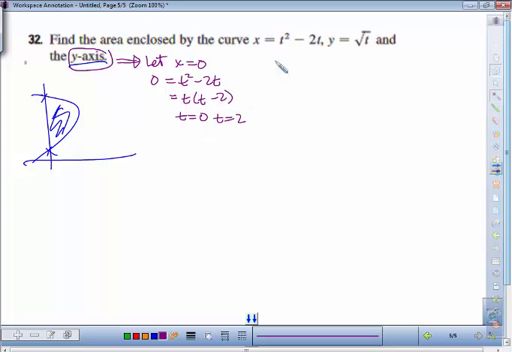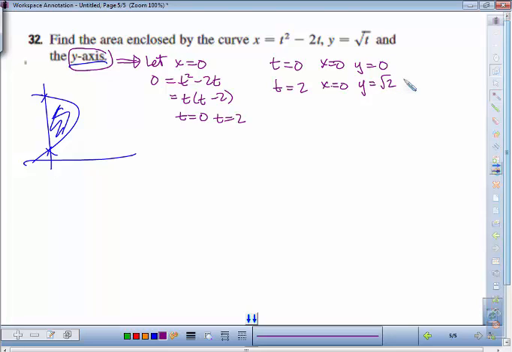So when t is equal to 0, we know that x is equal to 0 because that's how we solved for it. But y is also equal to 0, it looks like. When t is equal to 2, x is equal to 0 again, because that's how we found it. y is equal to, well, the square root of 2, whatever that is.